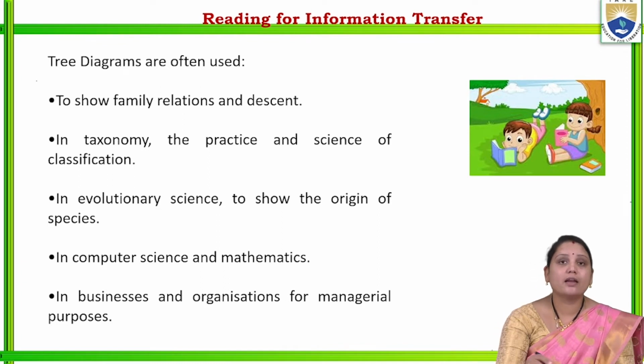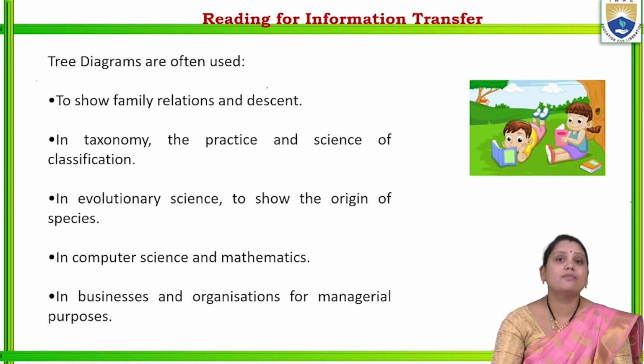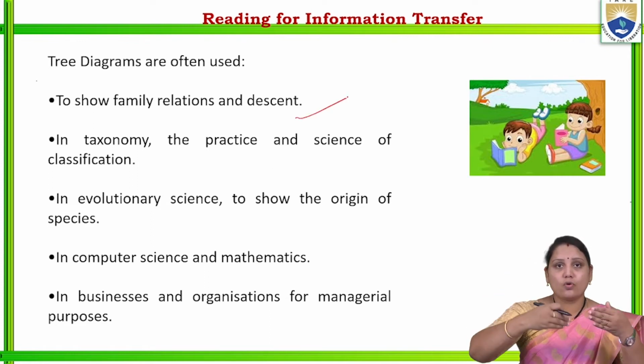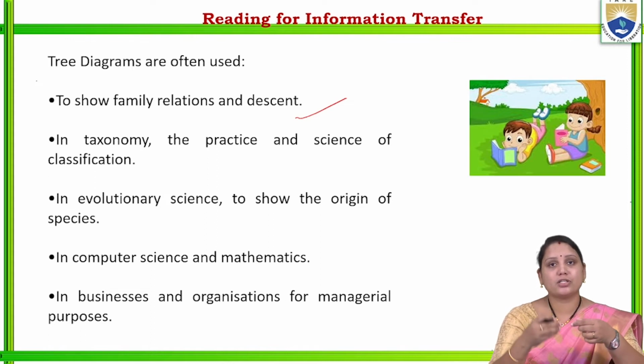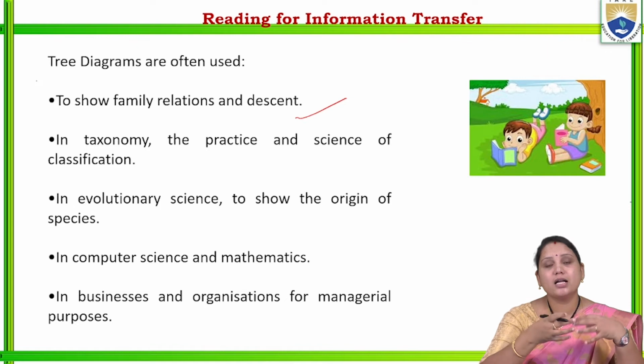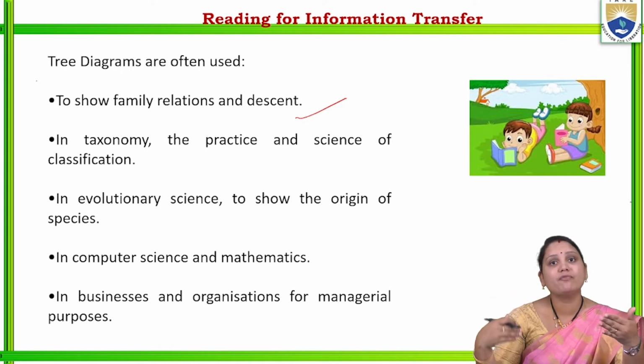Now, tree diagrams are often used. Where, when, and how we are going to use these tree diagrams, let us know now. To show family relations and descent. That is, if you are going to show family relations, father, mother, then the parents, grandparents, uncles, aunts, the tree diagrams of the family.